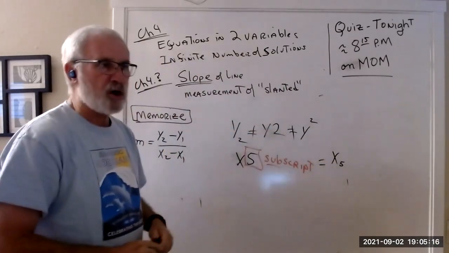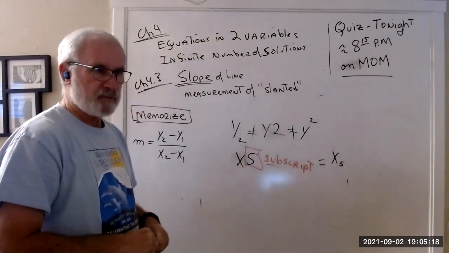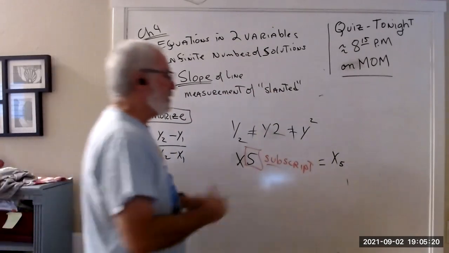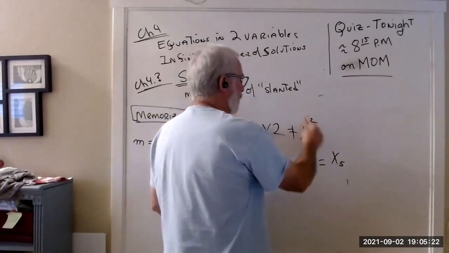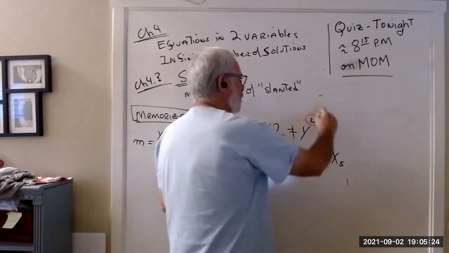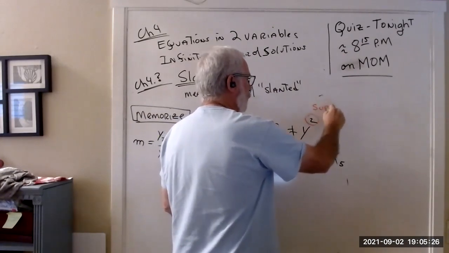It's called a subscript. And believe it or not, what we think of as exponents are called superscripts.